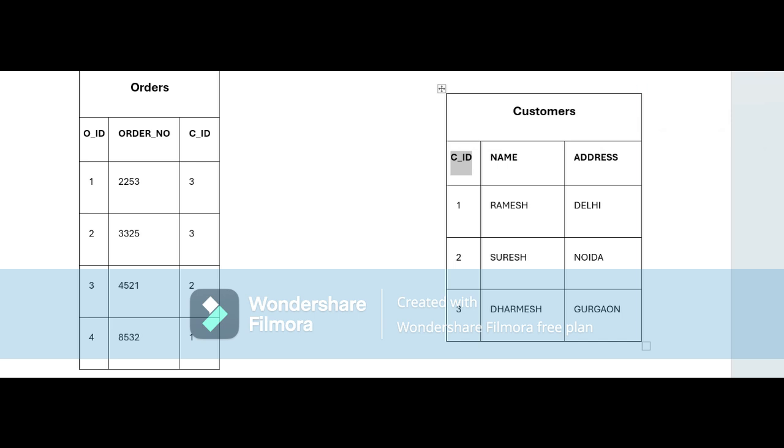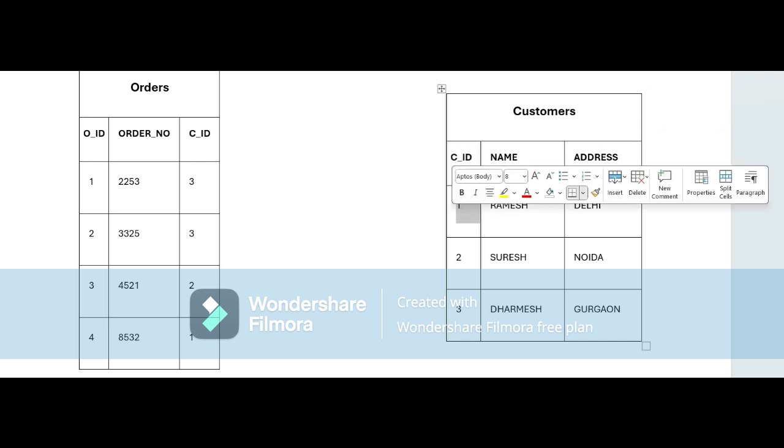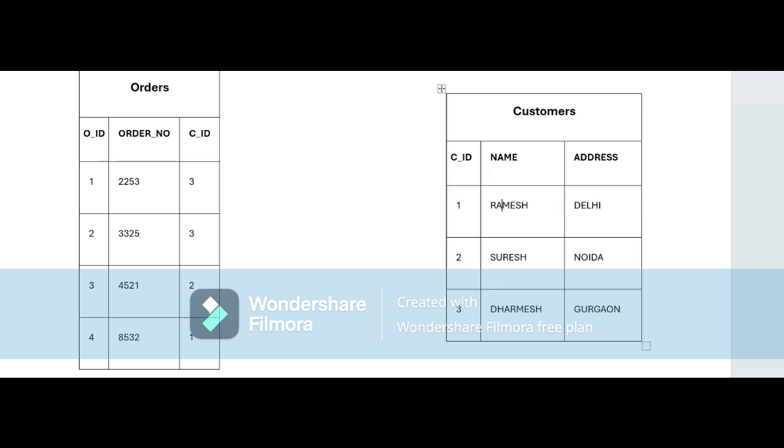And OID is a primary key in the orders table. For example, customer 3, Dharmesh, has 2 orders, which we can see linked in the orders table. 3 has 2 records, so these 2 orders belong to customer 3. His name is Dharmesh.